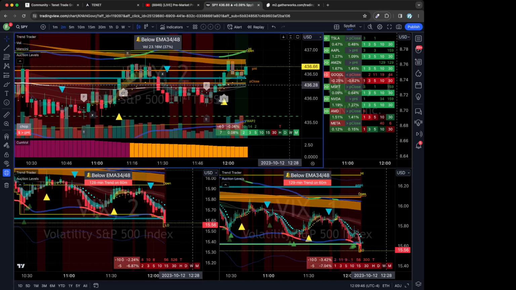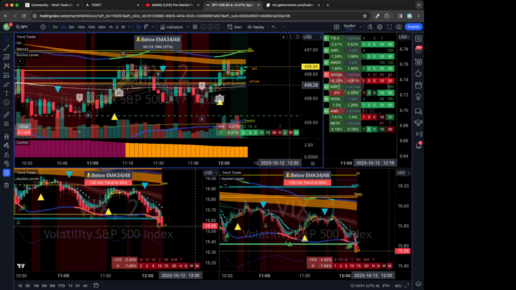But again, it's not a surprise that we're moving sideways. We've had some amazing moves. What you have to understand is that the experienced traders, when they make so much money, first of all, they want to go celebrate and take some time off, okay?